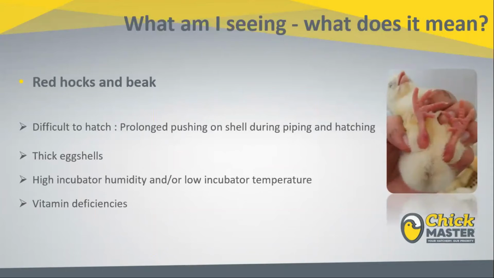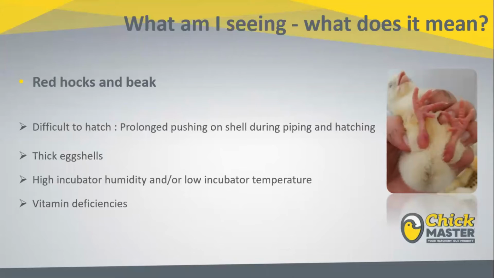Concerning the red hocks and beak, this means that our chicks faced some difficulties before hatching to get outside the egg. This can be caused by thick shells, or high incubator humidity, or low incubator temperature.